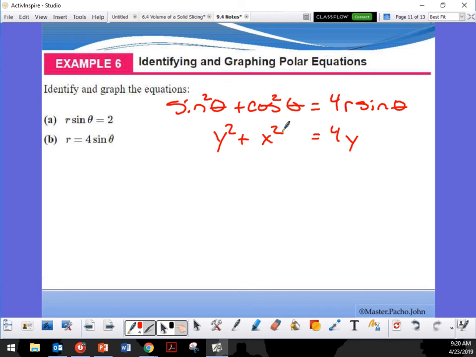Can I move it over? Set it equal to 0, then start something with that. So if we have x squared plus y squared minus 4y equals 0, what's that look like there? Okay, so what would you do with that?